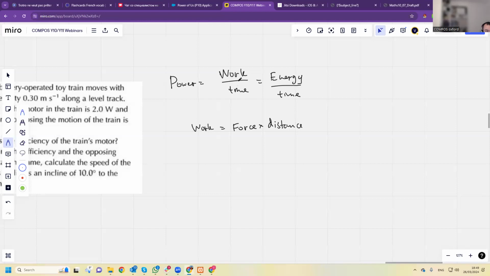If we plug that in here, power is force times distance divided by time. What is distance over time? Speed. So power is force times speed. You can use this formula as long as the force is constant and the speed is constant.